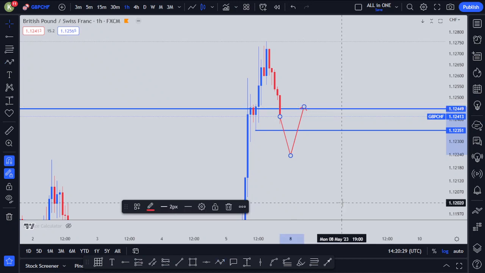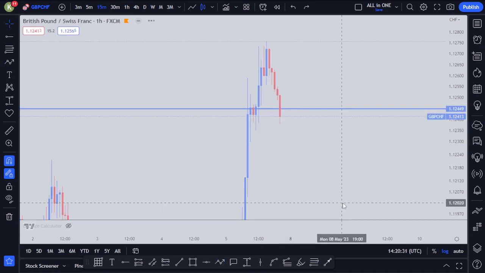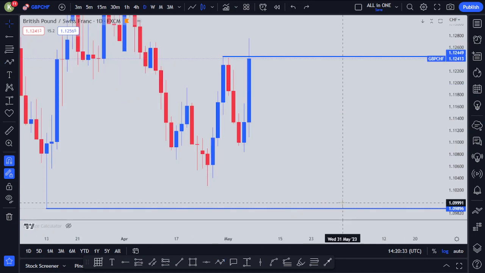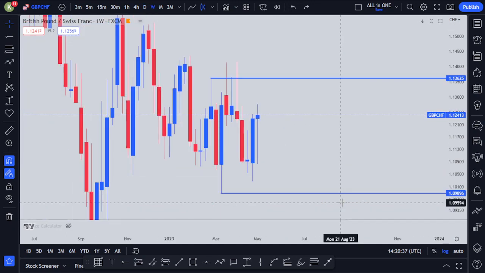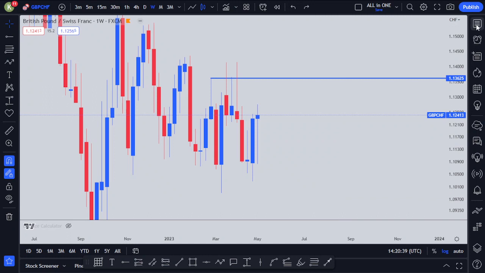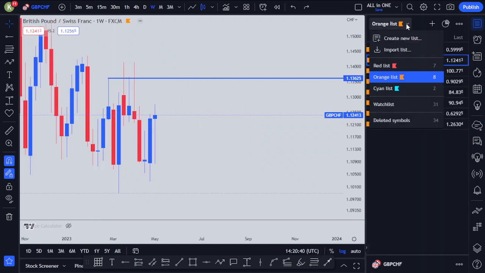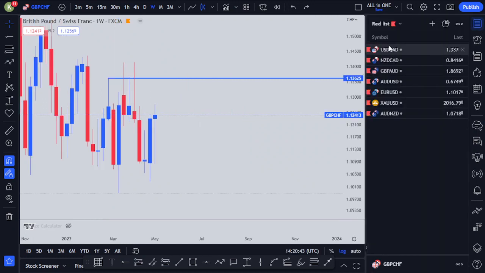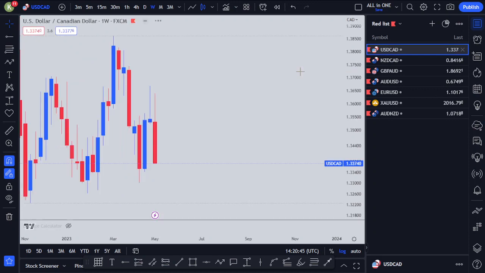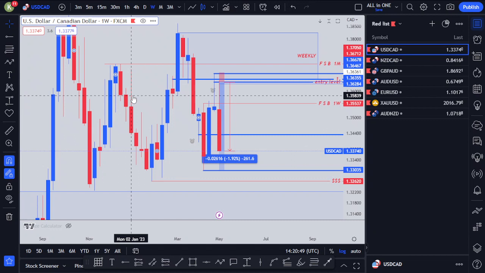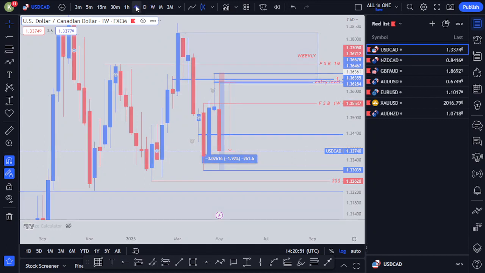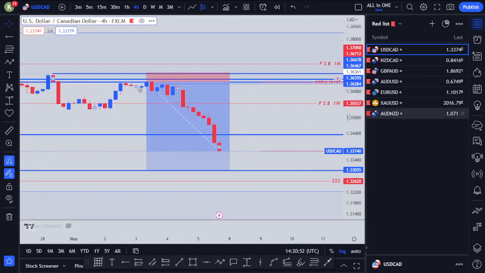All right, that's GBP for us. And this is something over here. We have a trade. USDCAD. I gave USDCAD to you guys the other day.